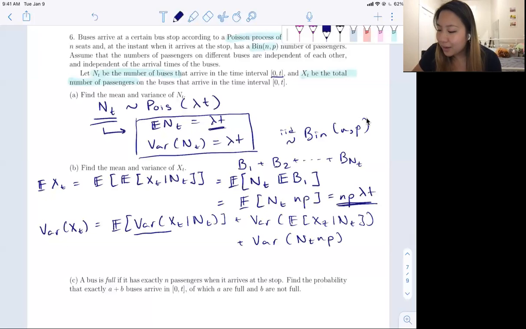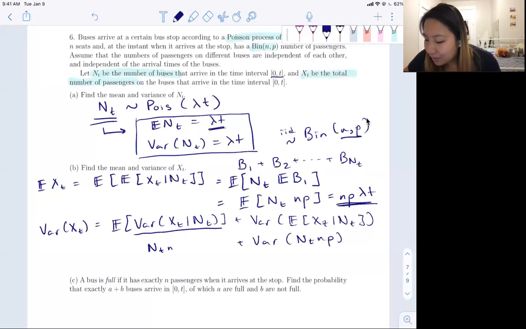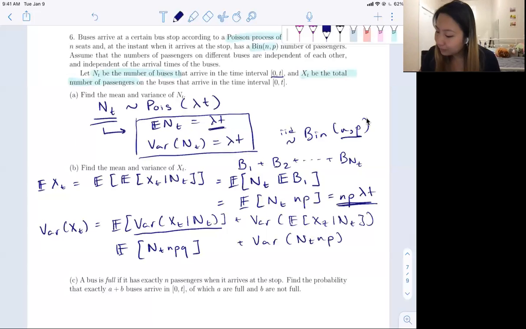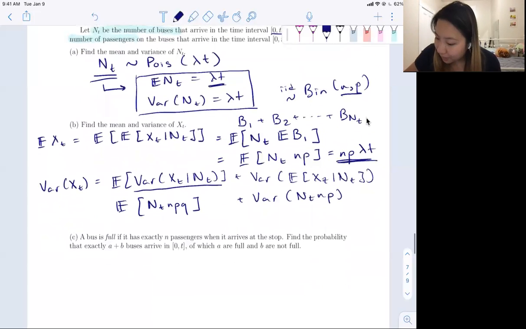Now for the other term: it's still a sum of binomials, but they're independent binomials, and variances add. So it's N_t times the variance of the binomial, which is npq, where q is 1 minus p. And you're looking for the expectation of this. So just computing one more time.